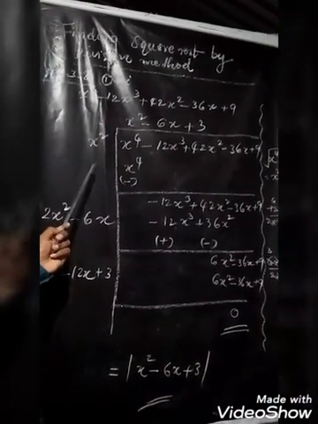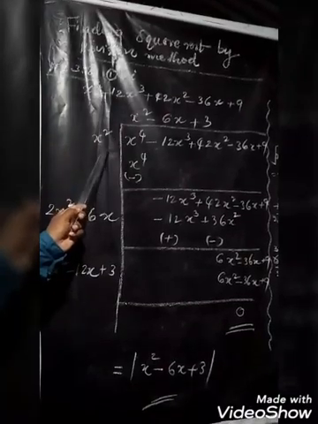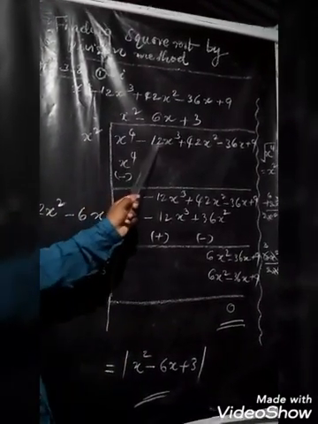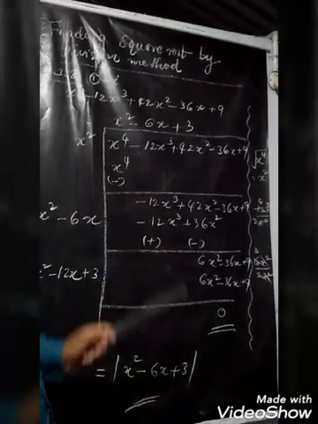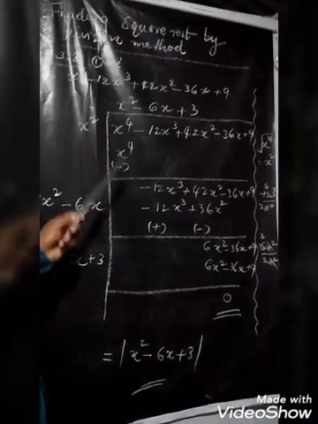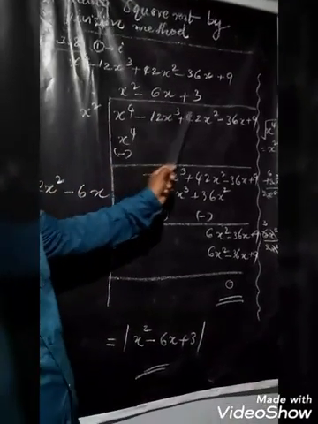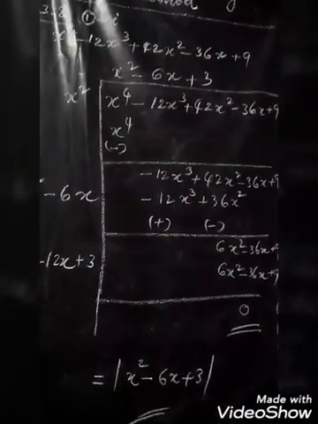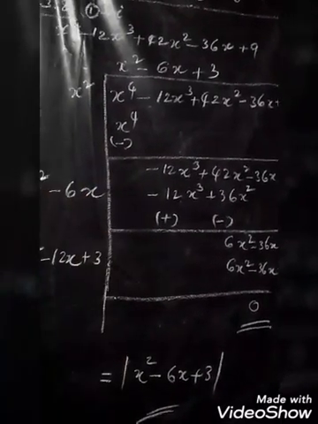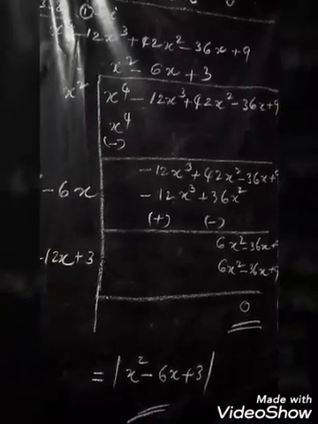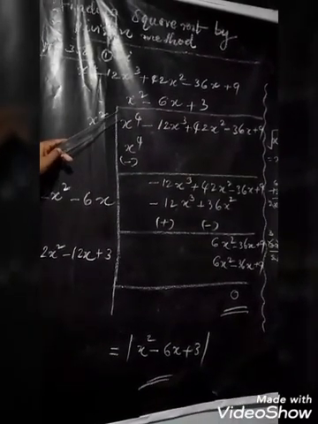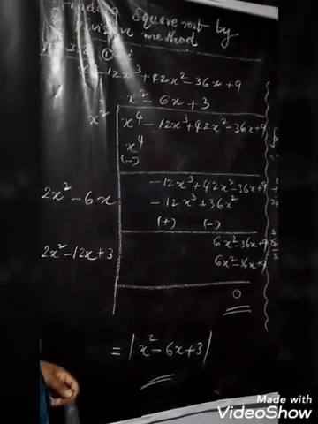And one important thing: if there is any missing term in the given question, we have to adjust with 0 coefficients and arrange the powers in descending order, or otherwise you can arrange the terms in ascending order also. Okay, so I hope you understand how to find the square root of a polynomial.